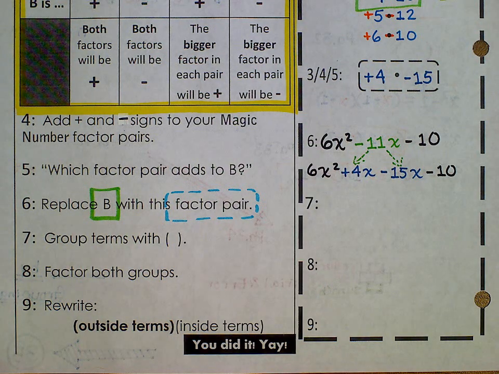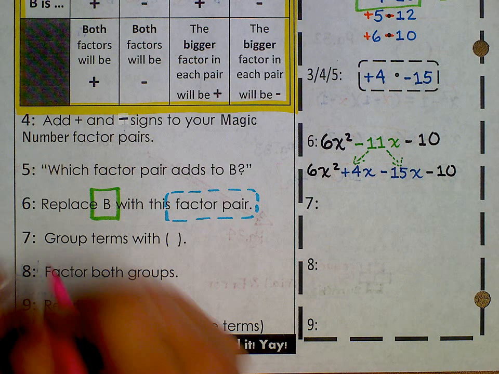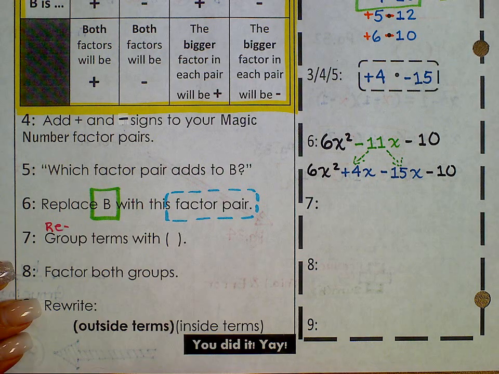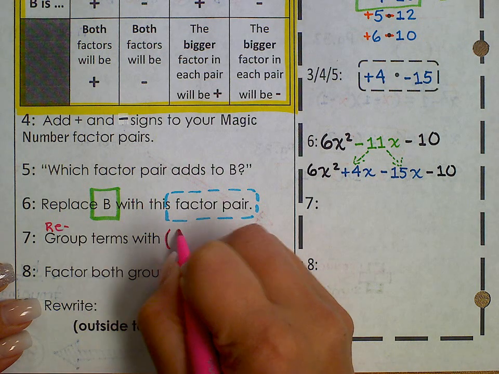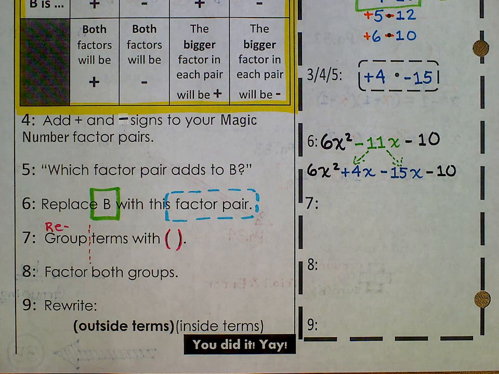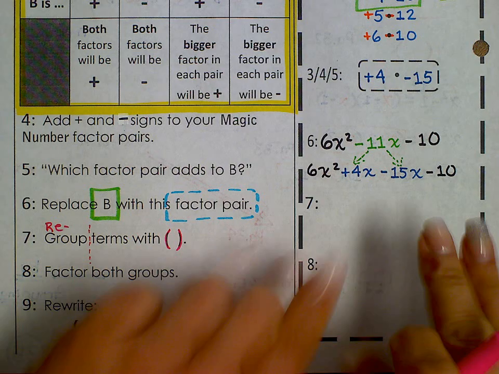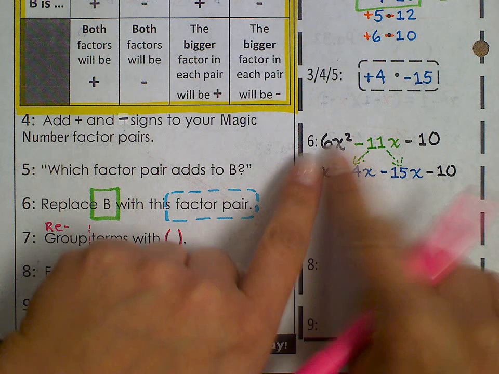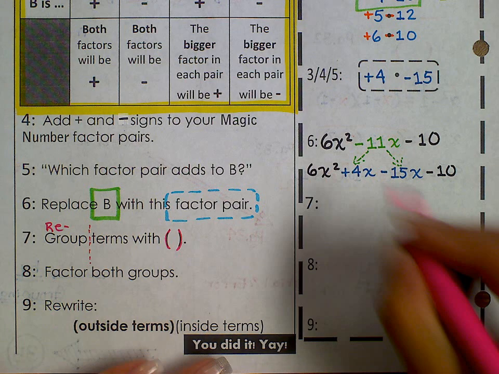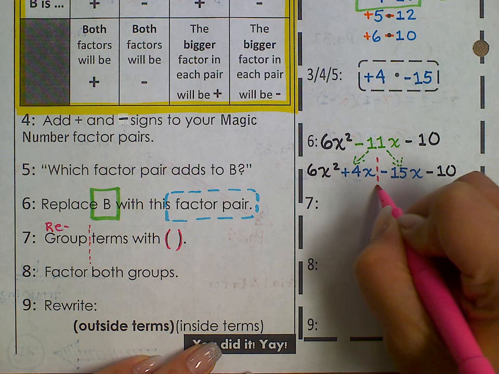All right? What I want to do is I want to split. I want to regroup. And I'm going to use parentheses, and I'm going to split them right down the middle using a dashed line. So, at this point, I no longer have a trinomial. I have a 4-term polynomial, and I'm going to split it right down the middle.